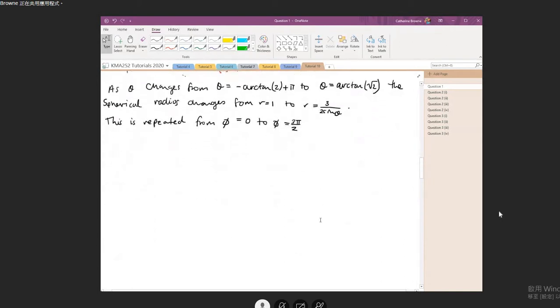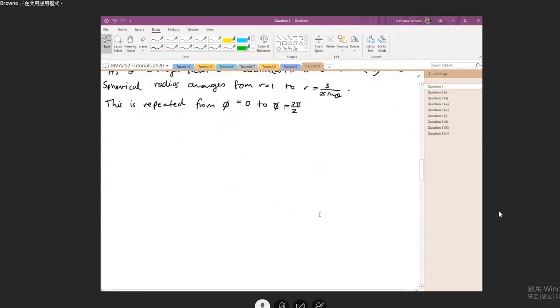So now we can create the triple integral for our volume using all of that. So volume is equal to, we're going to go phi from 0 to 3 pi on 2.